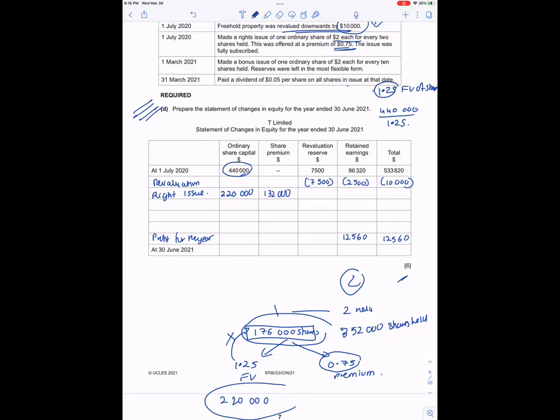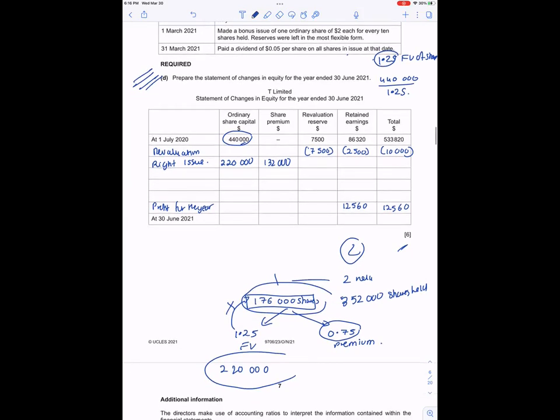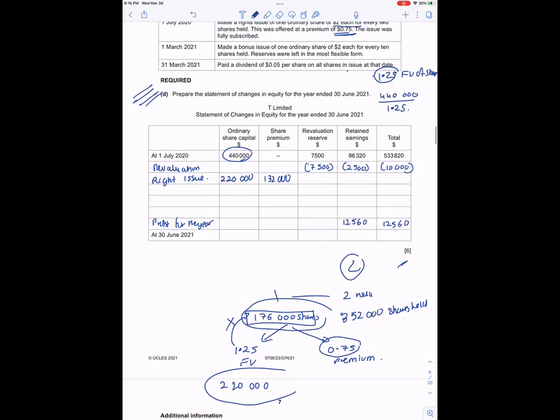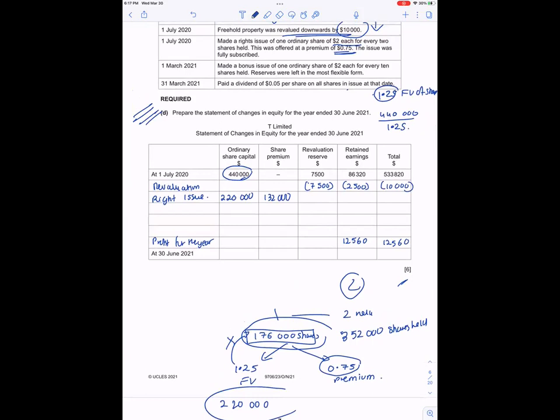Miss, no, it's the same thing. How? If we take the ordinary price as 2, then the number of shares would be 220,000. You divide 440,000 by 2, so the number of shares held would be 220,000. Divided by 2, I will do 110,000 shares.